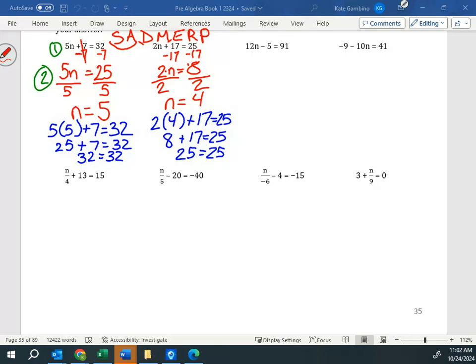I have plus 13, so I need to subtract 13 from both sides. 13 minus 13 is 0, so I have n over 4 equals 15 minus 13, which is 2. What do I do next? What's my second step?